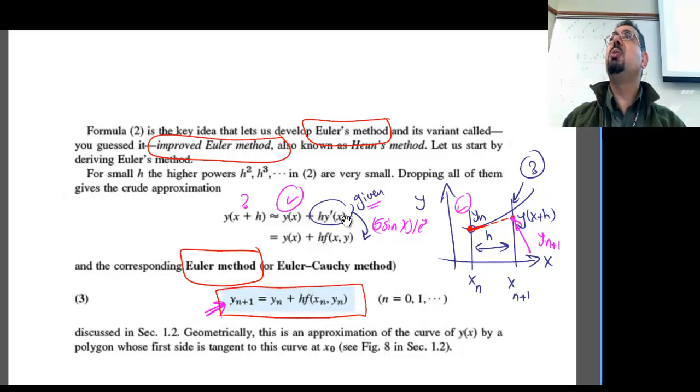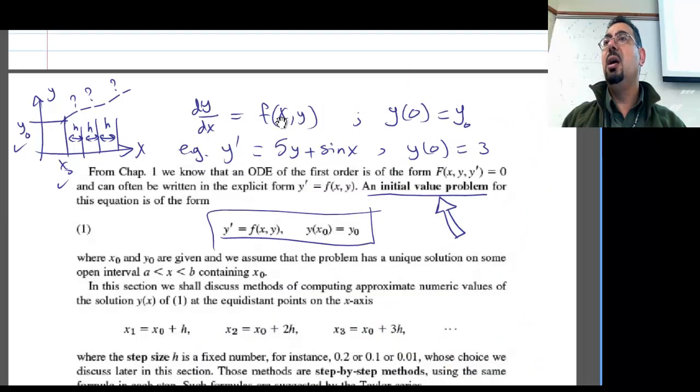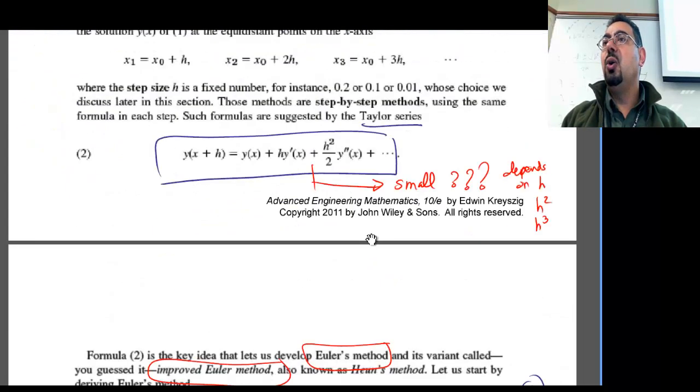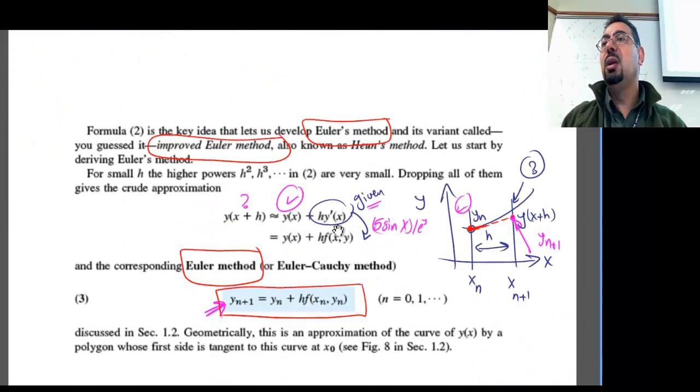That's the differential equation we are trying to solve. That's the dy by dx that was given to us. So all you have to do is basically just put dy by dx over here, or that function we are trying to integrate, and you got yourself a way to get y(x plus h) from y(x). From the initial value, you basically can get the next value, y(x plus h).